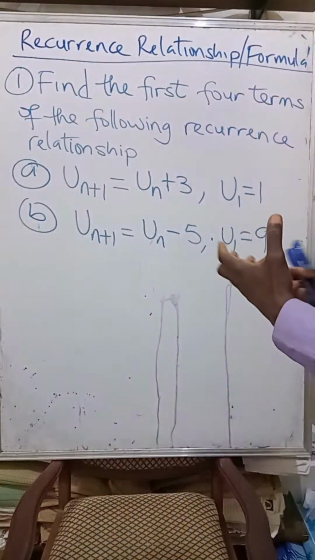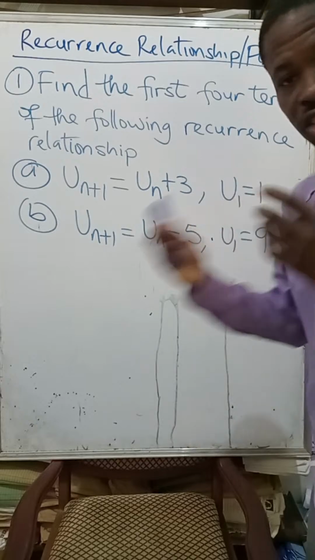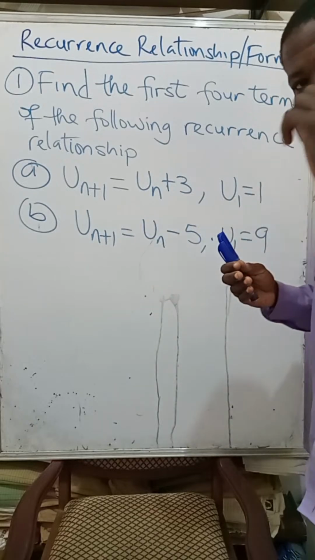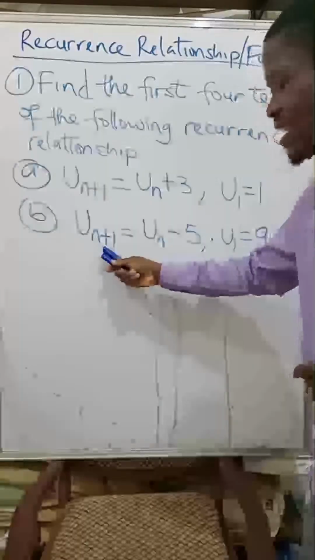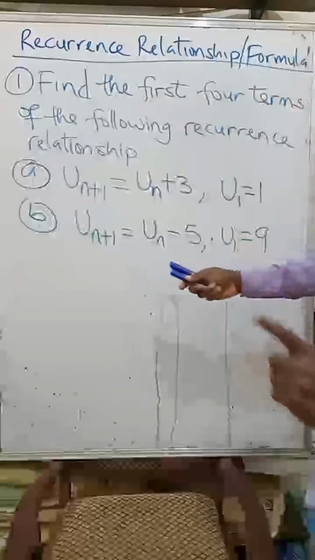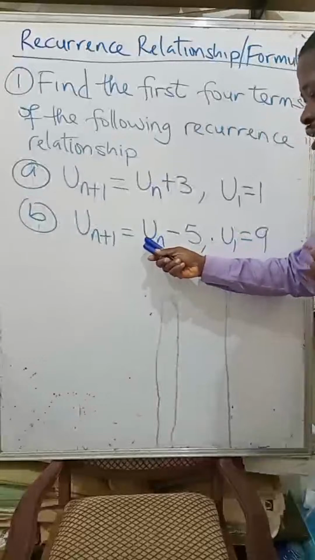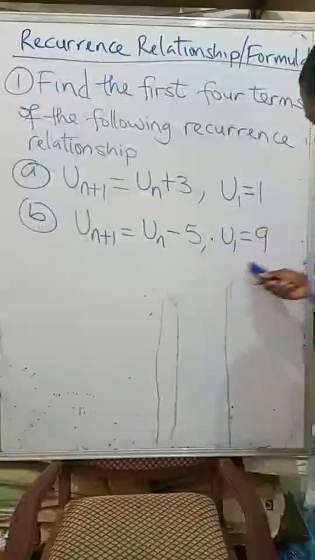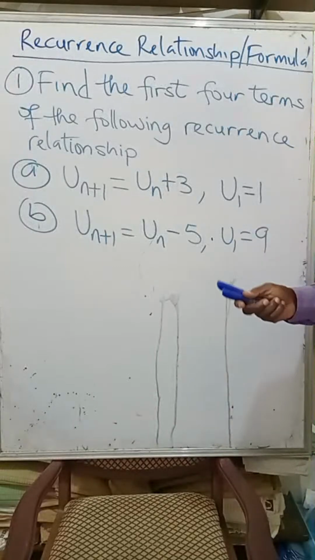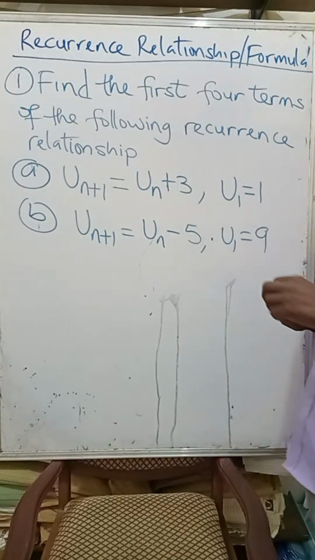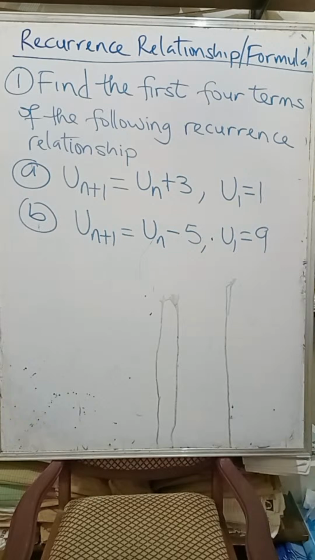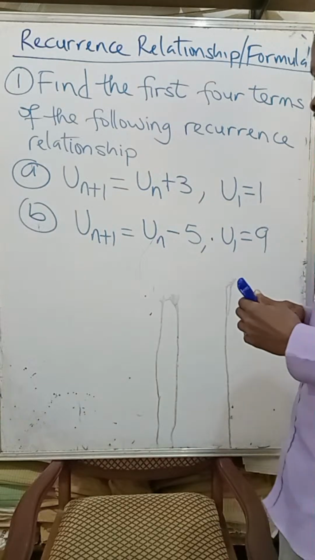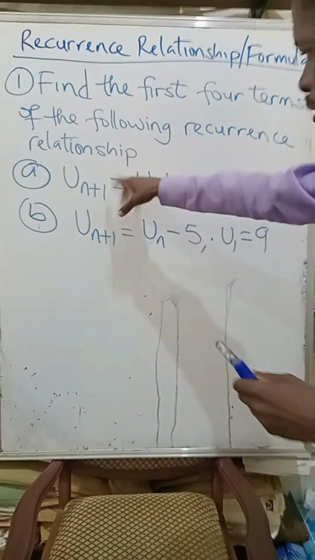Anytime you have a recurrence relationship given to you, the first term must be given to you also. So you are given directions in the question. We still have more of these, but let's solve this one first.